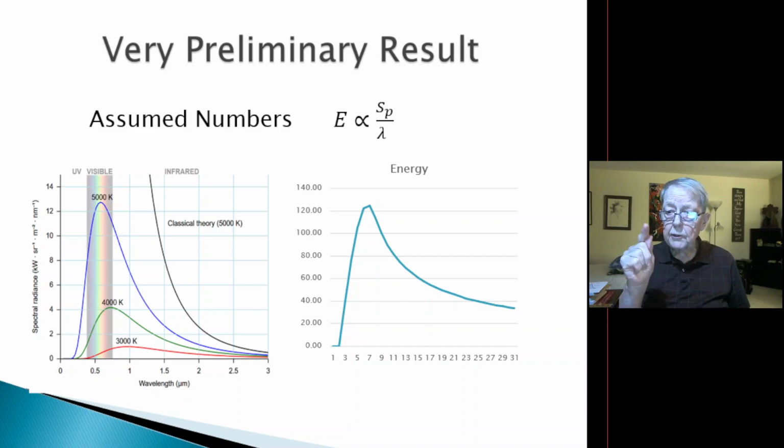At higher temperature, the vibration is faster, and the mode frequency is higher. Then for 4,000 it's slower, and for 3,000 it's slower still, and that's what causes the shift from here to there.